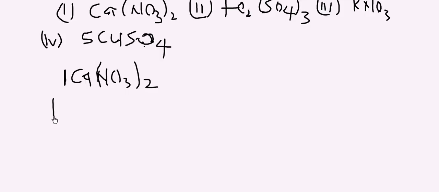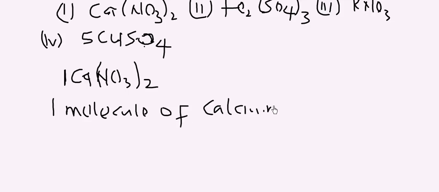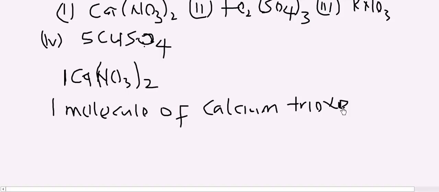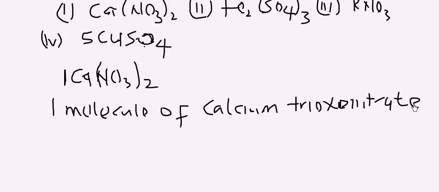So we say one molecule of calcium trioxonitrate 5 contains, we have calcium here, Ca, so we have one atom of calcium.